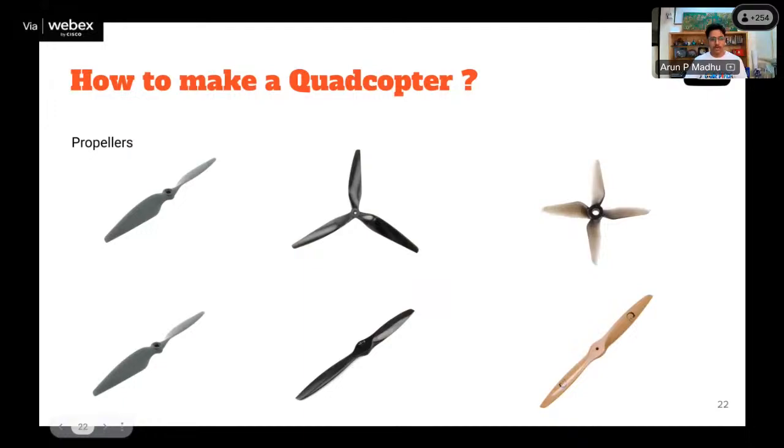Plastic is also used mainly, but if you crash it 2-3 times, there will be small cuts on the edges of the plastic propeller, and that will result in bad lift, and the drone might not behave as you want it to. So you can choose plastic propellers, but if you have more money, you can go for a carbon fiber propeller. It will be more durable. So that's all about propellers.